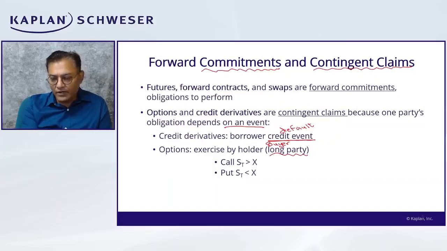When you have a right but no obligation, you're always going to exercise your option only when it is beneficial to you. In the case of a call option, it is in the money when the stock price exceeds the exercise price. For a put option, it occurs when the stock price is less than the exercise price. We'll talk a lot more about call options and put options in a little bit.